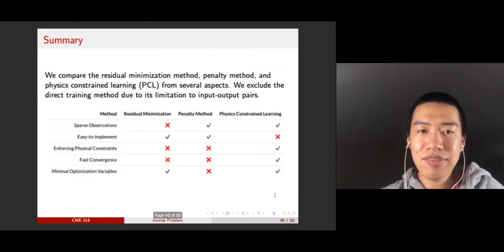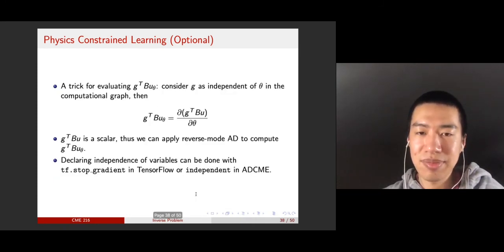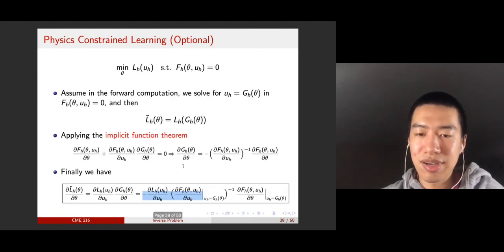For automatic differentiation, you compute from left to right. You first compute this term, and to compute this term, you are solving a linear system just like this. Instead of doing the inverse first and then the multiplication, this will be a vector.